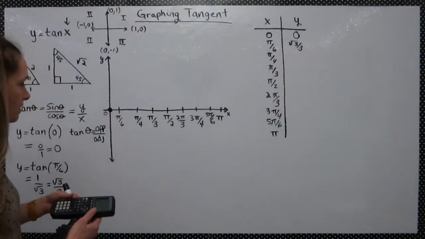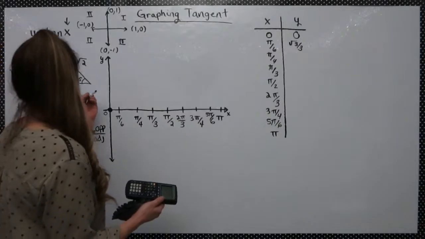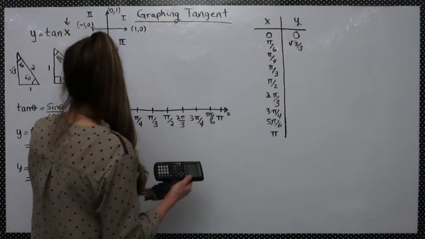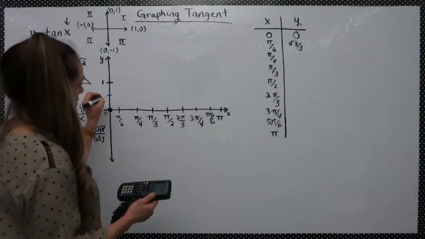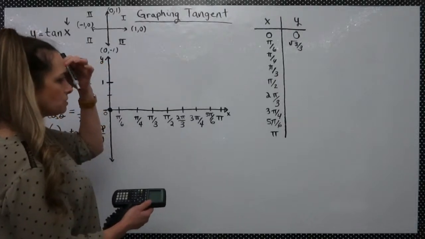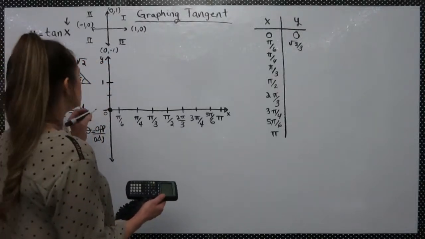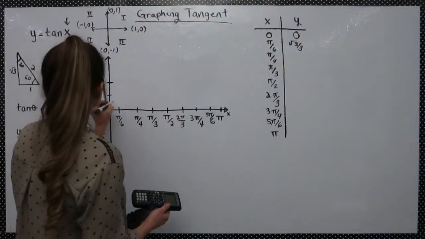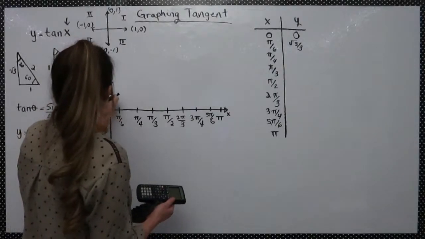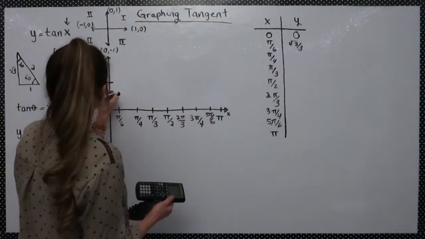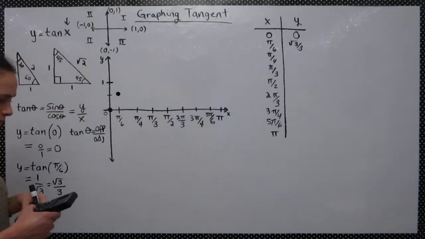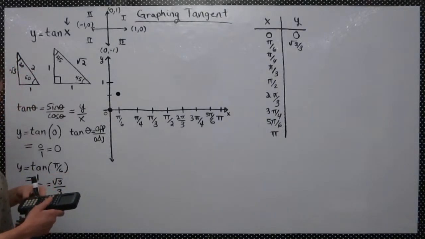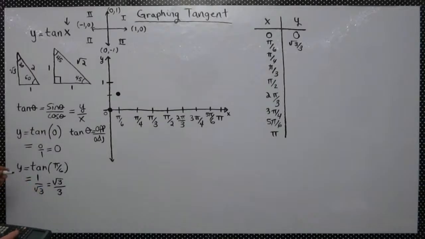And that's 0.57. So we'll just say that's 1. We'll say that's 1/2. And really, whenever you're doing a rough sketch, you're not going to get exact. So you just get as close as you can. So we're looking at a little bit more than 1/2. So I'm just going to guess it's right there. And I'll draw that point in. Okay. All right.